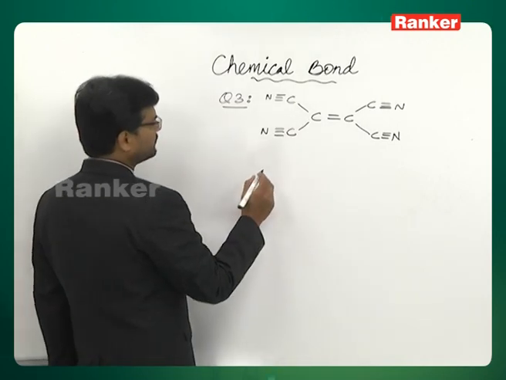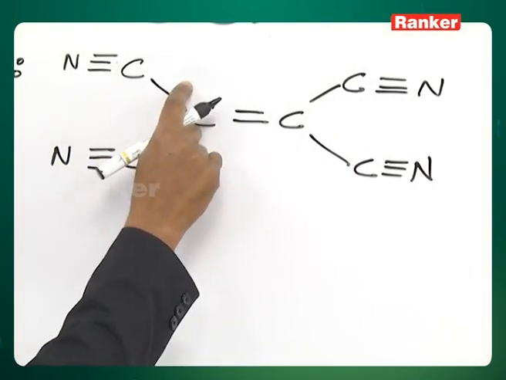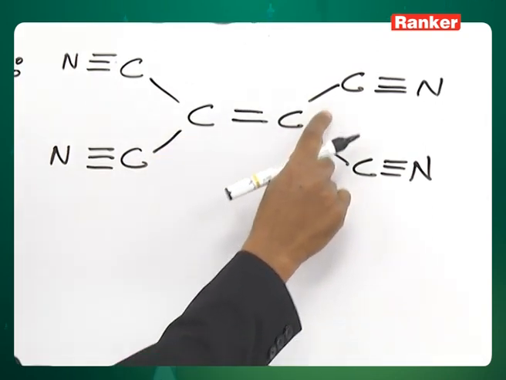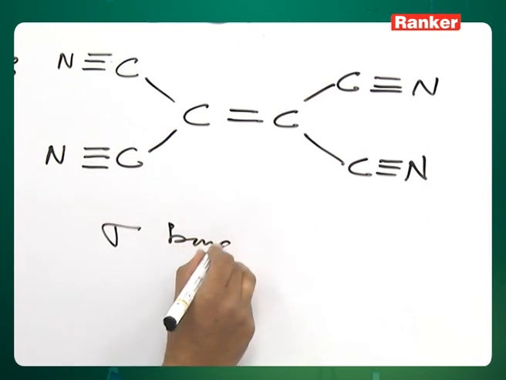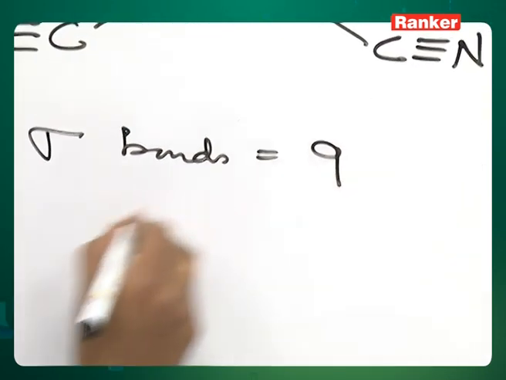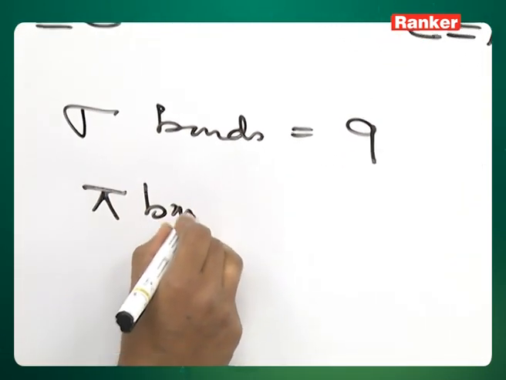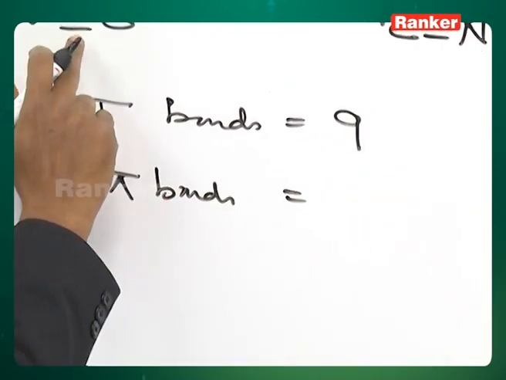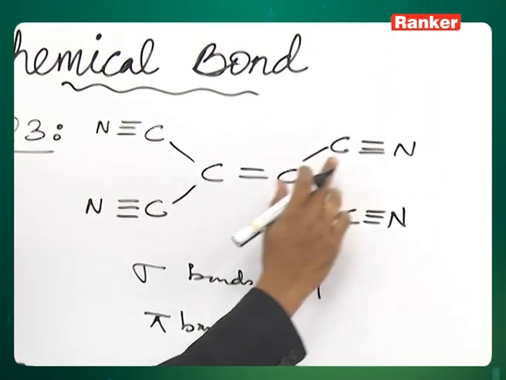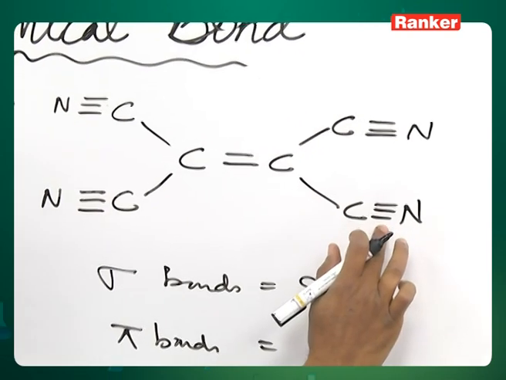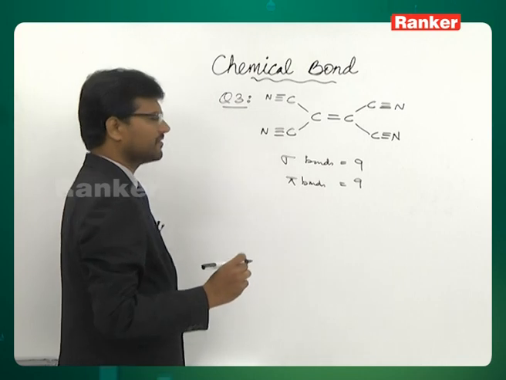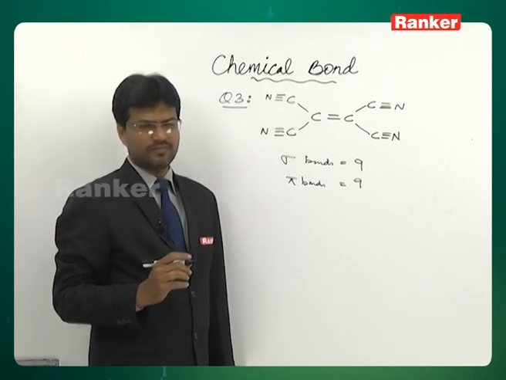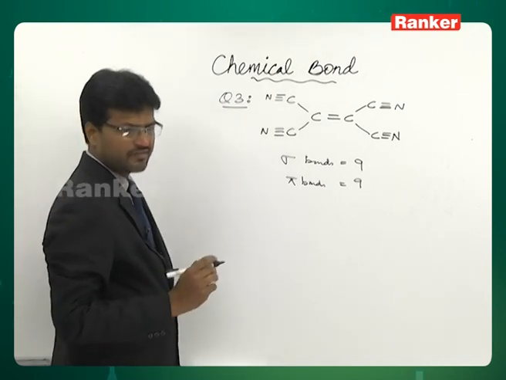So number of sigma bonds are 1, 2, 3, 4, 5, 6, 7, 8, 9. Sigma bonds are 9. Pi bonds are 2 plus 2 is 4, plus 1 is 5, plus 2 is 7, plus 2 is 9. So tetracyanoethylene has equal number of sigma and pi bonds. Let's see tetracyanomethane.